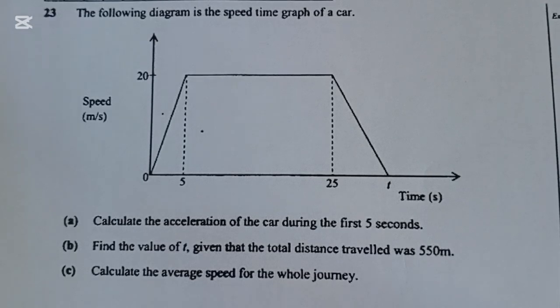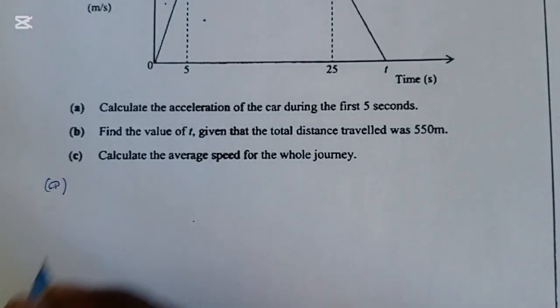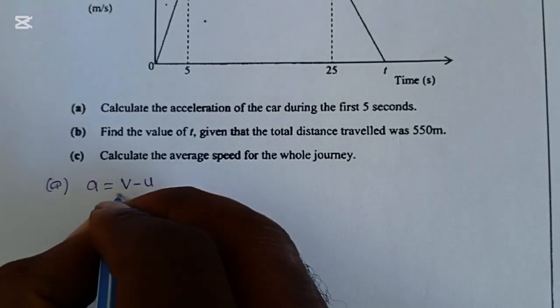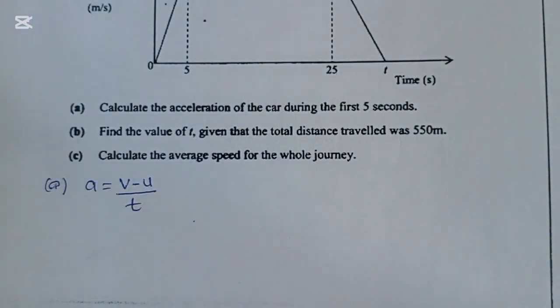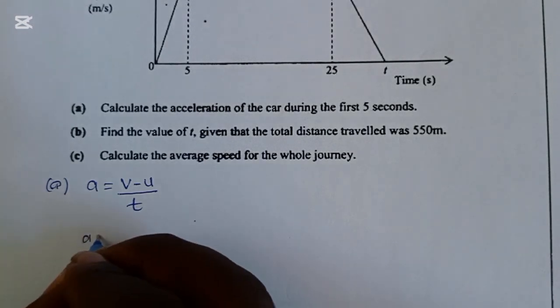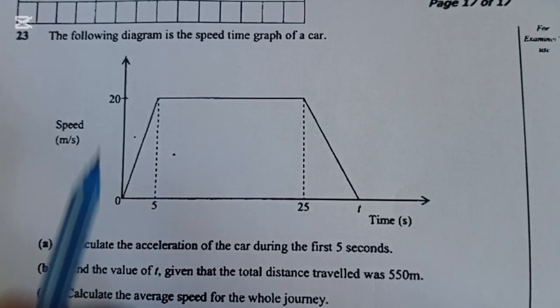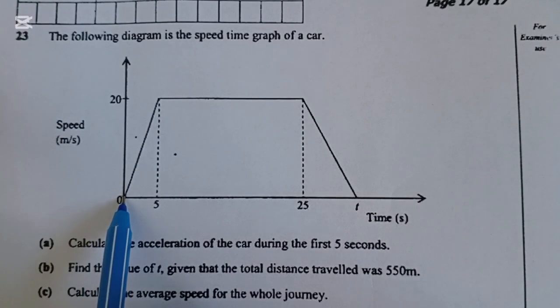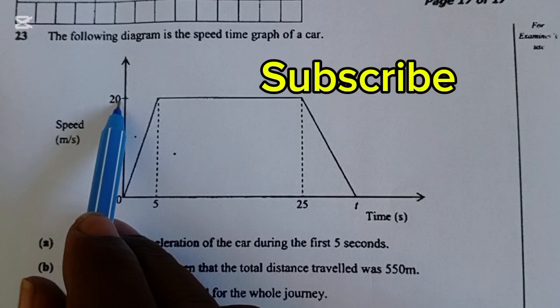Question 23. The following diagram is the speed time graph of a car. Part A, calculate the acceleration of the car during the first 5 seconds. So acceleration is equal to final velocity minus initial velocity over time taken. The initial velocity is 0 and the final velocity is 20.